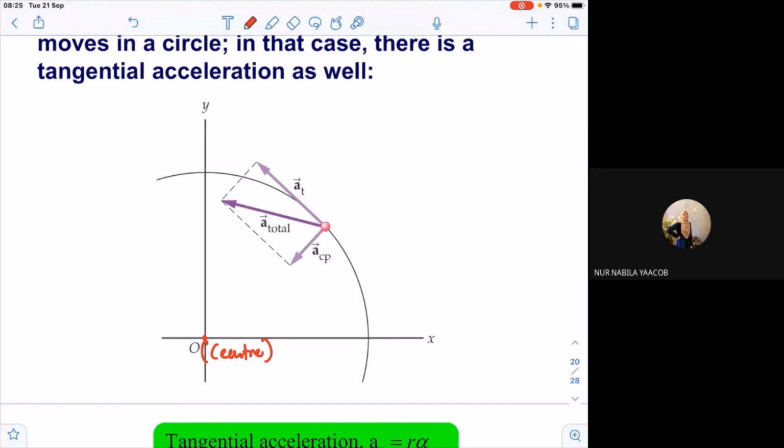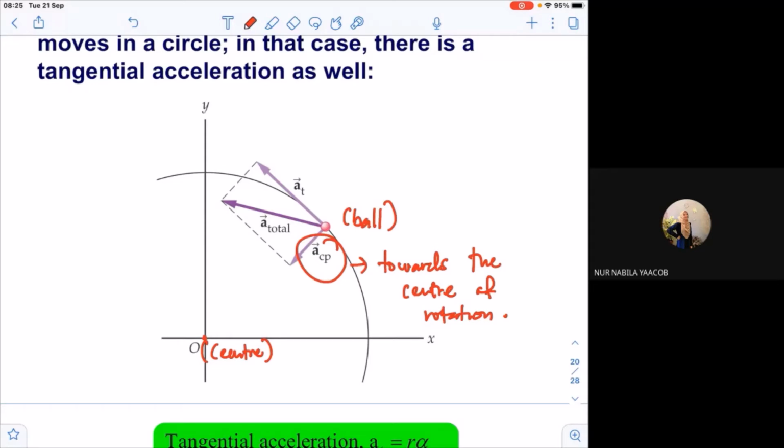That ball will have some centripetal acceleration, because we have learned that the centripetal acceleration is the acceleration directed towards the center of rotation.